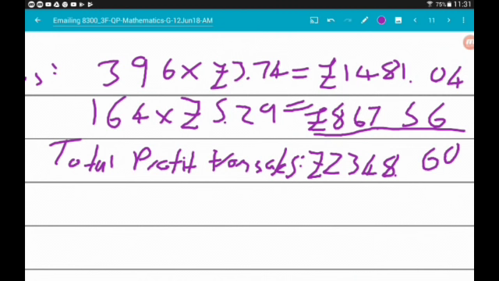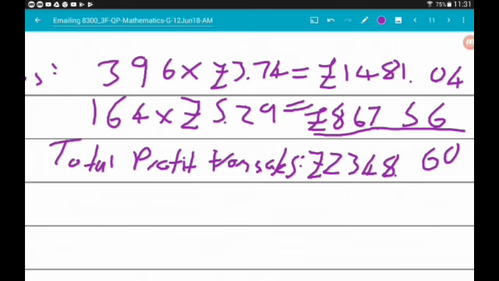So that is the profit we've made on our normal price sales. We've made losses though on our special offer sales. So what we now need to do is work out the total loss from the special offer sales.